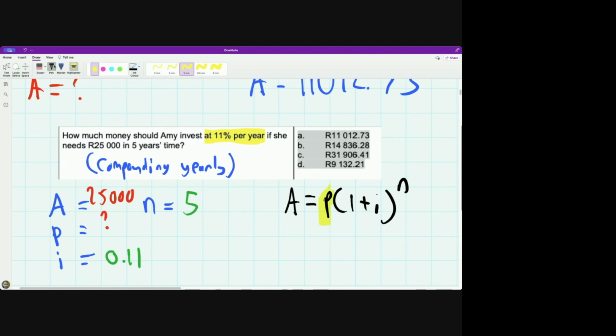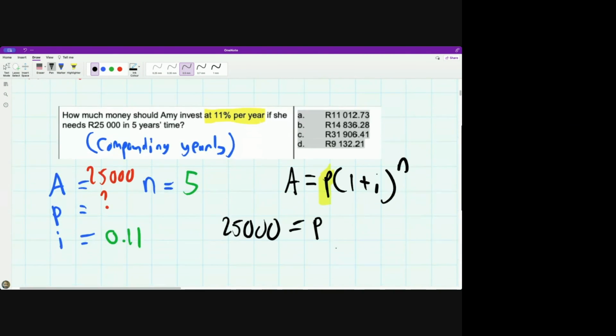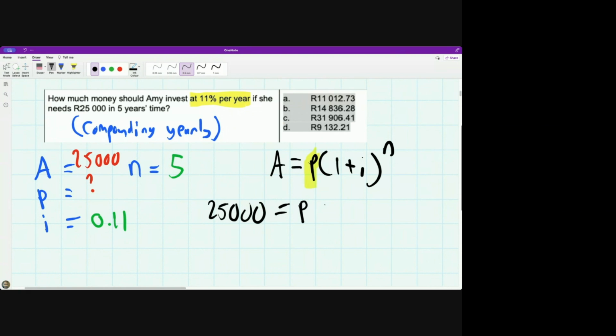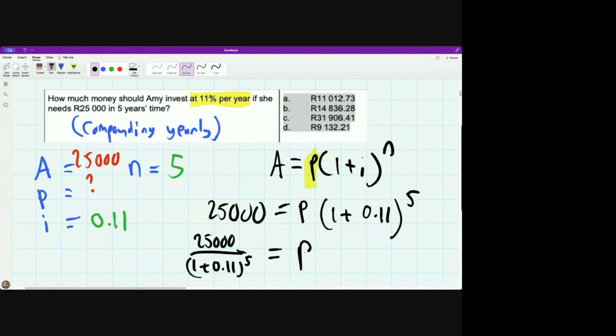How would I set it up? So I'd put 25,000 there, a P there, 1 plus 0.11, and then that would be 5. Okay, what are we getting, everyone?